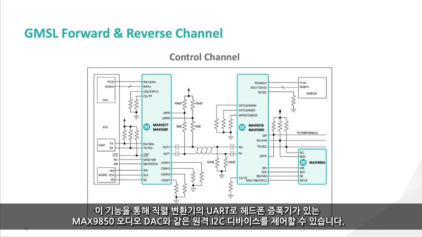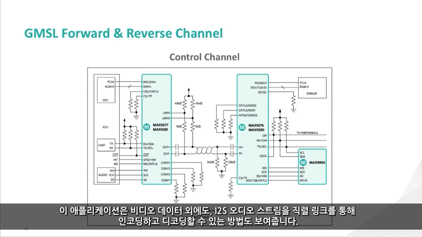This feature allows the UART of the serializer to control a remote I2C device, such as the MAX 9850 audio DAC with headphone amplifier. Note that this application also shows how an I2S audio stream can be encoded and decoded over the serial link in addition to the video data.